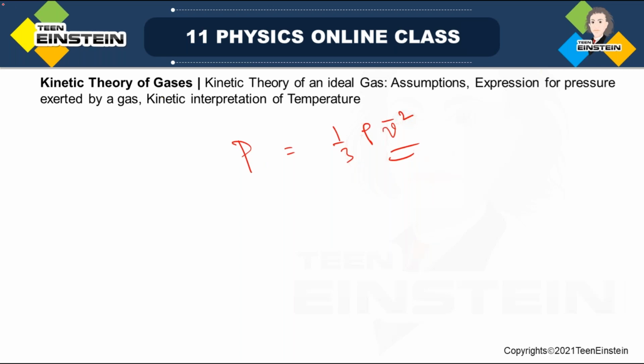Now we'll discuss a simple concept. Kinetic energy and pressure have a particular relationship. The pressure exerted by a gas and the average kinetic energy per unit volume have a particular relationship.